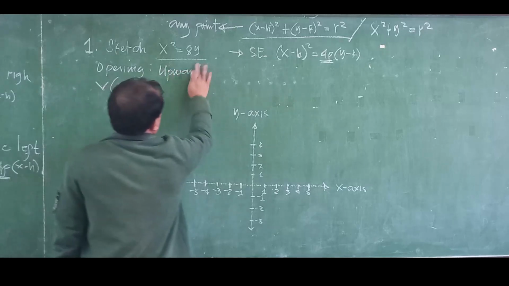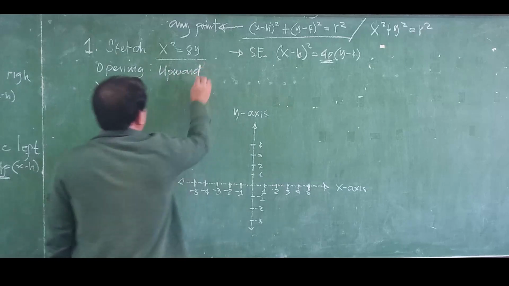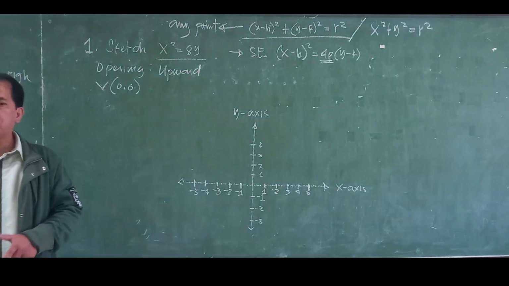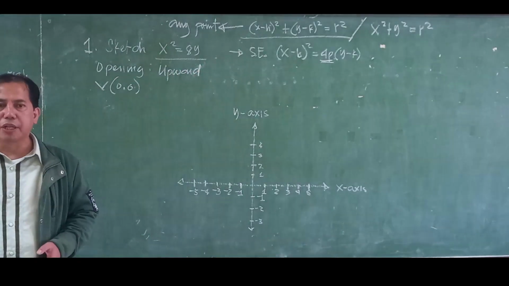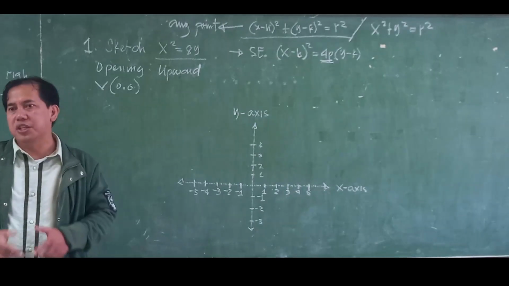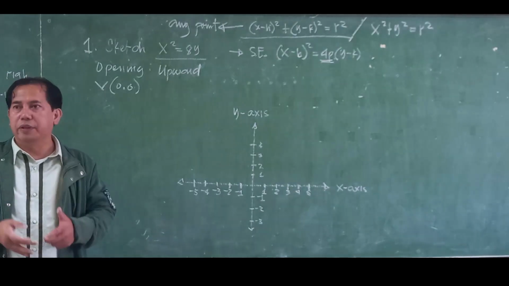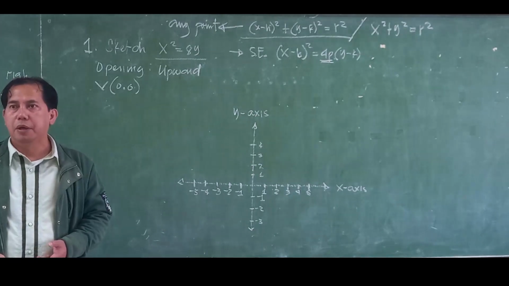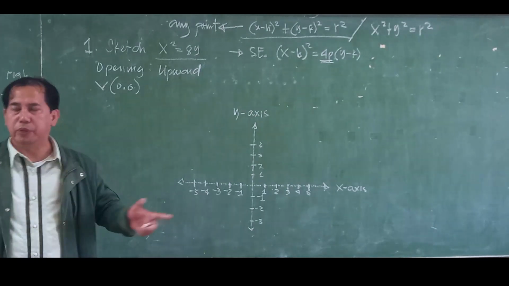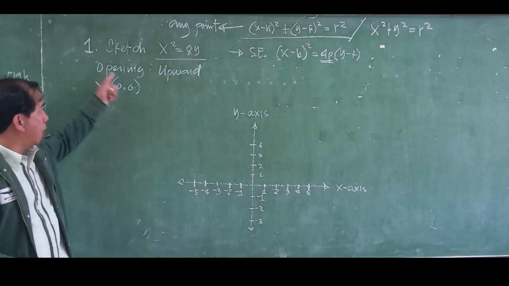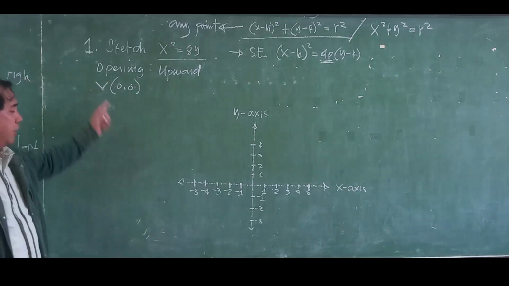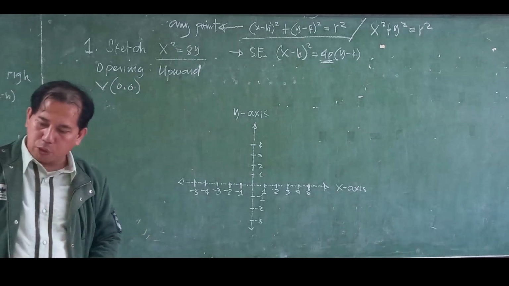Now, those things that I gave a while back, it doesn't really matter which one must be prioritized. Meaning to say, if you can immediately have them, then have them. So you notice, we have the opening that is upward, and we have the vertex. Now what about the next?